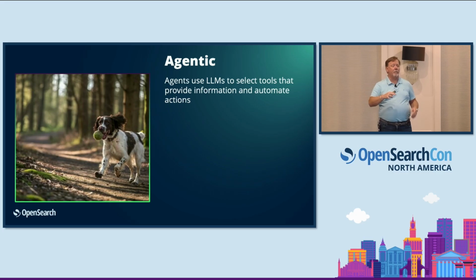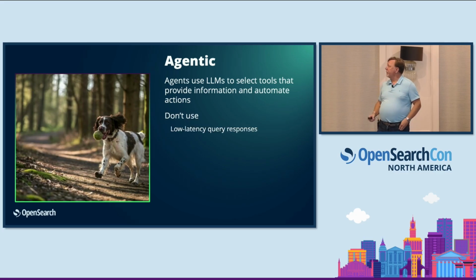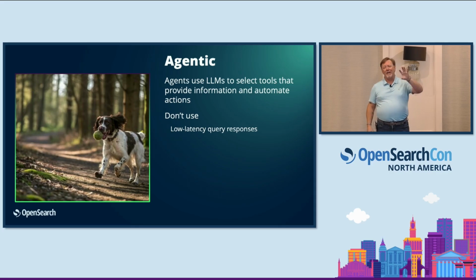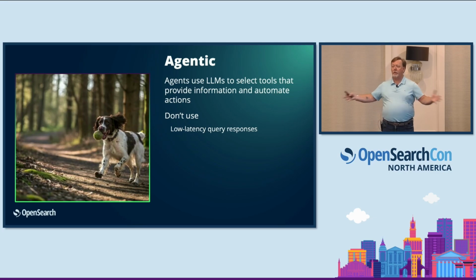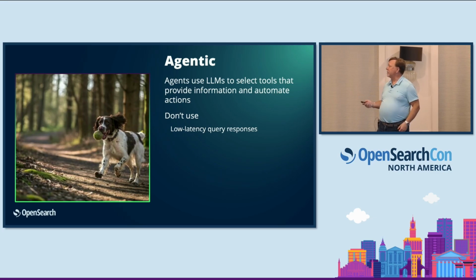They provide information to a final LLM that can summarize results. They're not really good for latency, right? So the agentic kind of workflow is a more researchy use case where you're not very concerned about matching in 10 milliseconds. Really, it's about an interactive multi-tool chain that is going to produce the best answer.